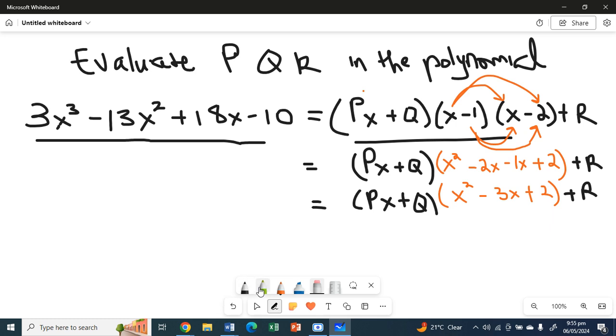So we're going to say px multiplied by x squared, you get px cubed. px multiplied by negative 3x, you get negative 3px squared. px multiplied by 2, you get plus 2px.